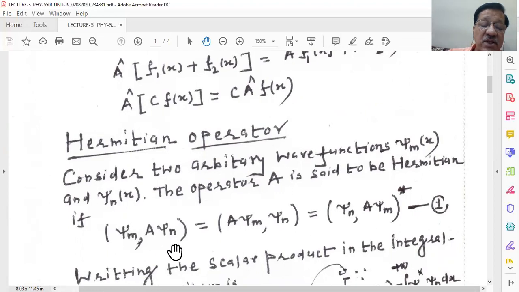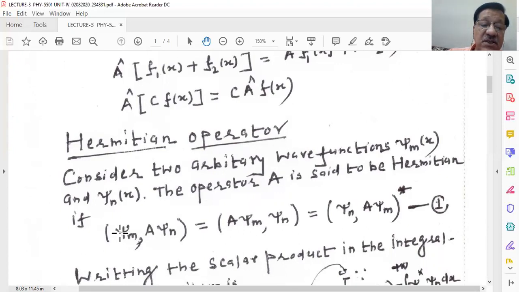This bracket notation represents the scalar product between the two wave functions which I mentioned, psi m with psi n, where A is your operator and A is considered to be Hermitian.